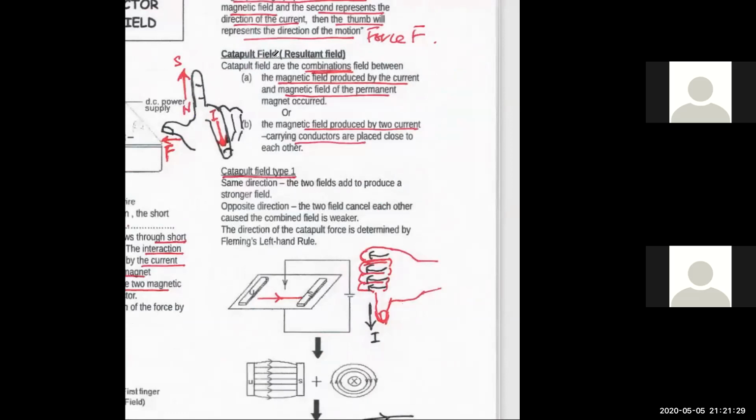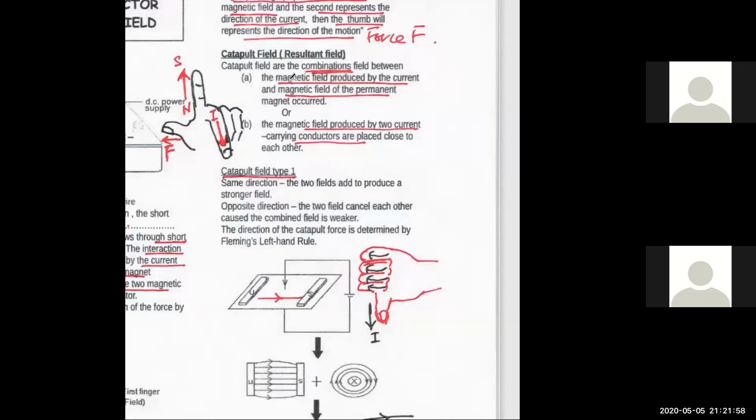What is Carabao field? Carabao field means combining two magnetic fields. You combine the two magnetic fields. What is the result? That one is called Carabao field. When you combine two magnetic fields, two only, the most you can combine two only.